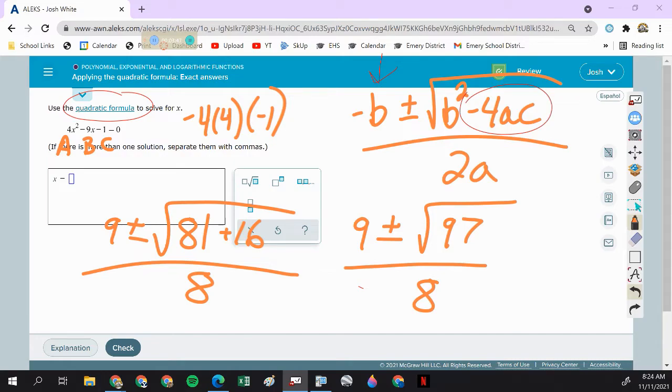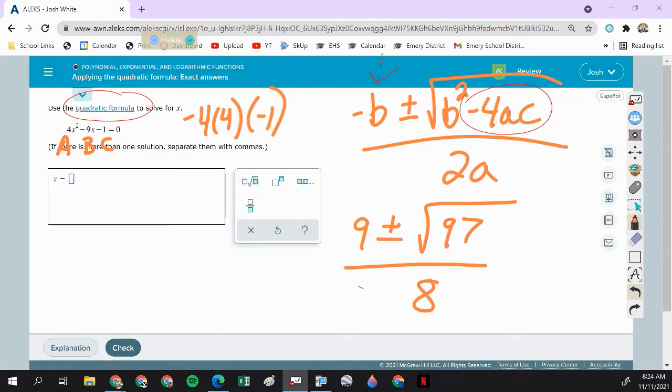What goes into 97? I think it's prime. Does 7 go into 97? I think 97 is prime. Either way, it's not going to simplify. So you would put your answers as 9 plus the square root of 97 over 8, or 9 minus the square root of 97 over 8.